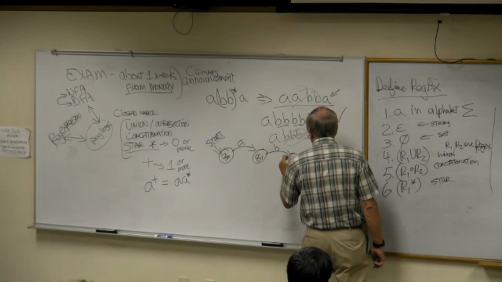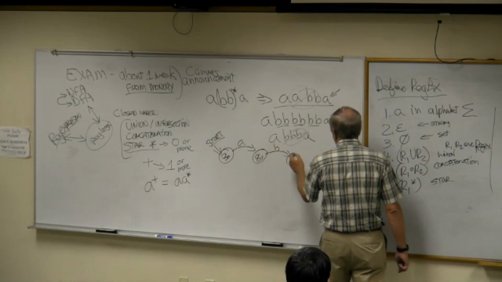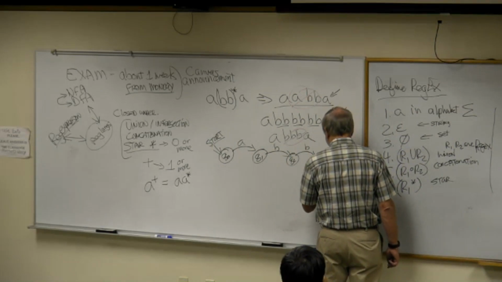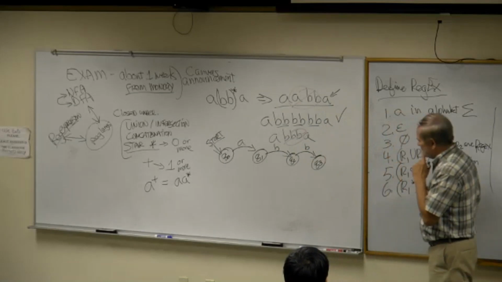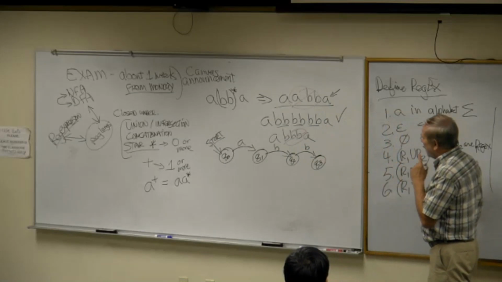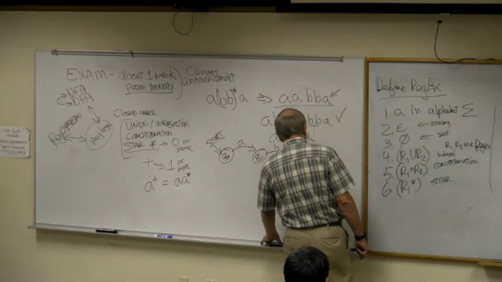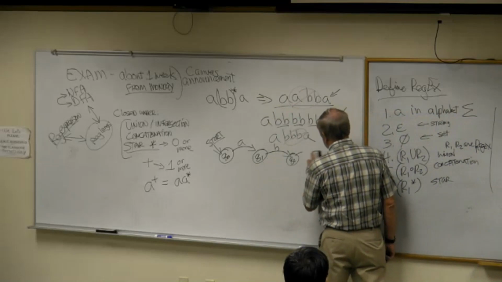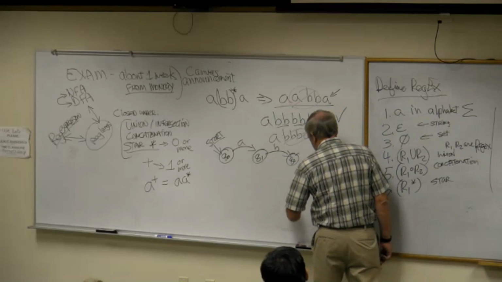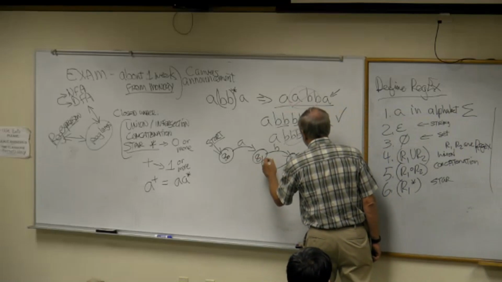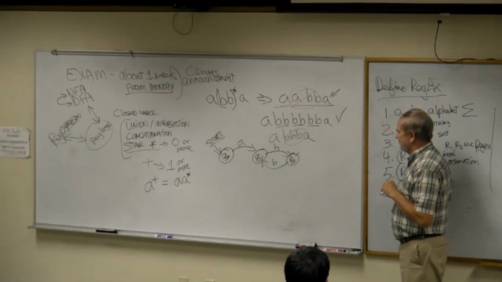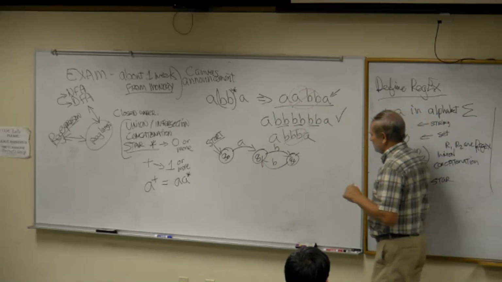Would you like to do this? That's what I was imagining. That'll save us a state. And then Q1 goes to Q3 on A. Q2 goes to, no, Q1. Oh yes. Alright.